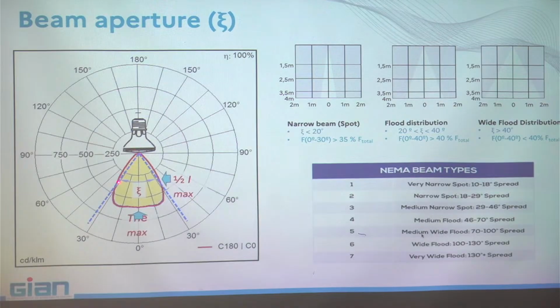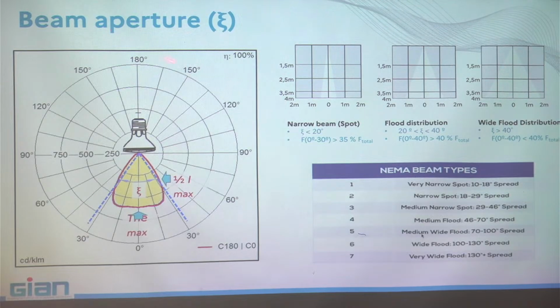Here I found the half of the maximum intensity there and there, and then I link that point with that one, and then the beam angle is given by the angle you can measure.